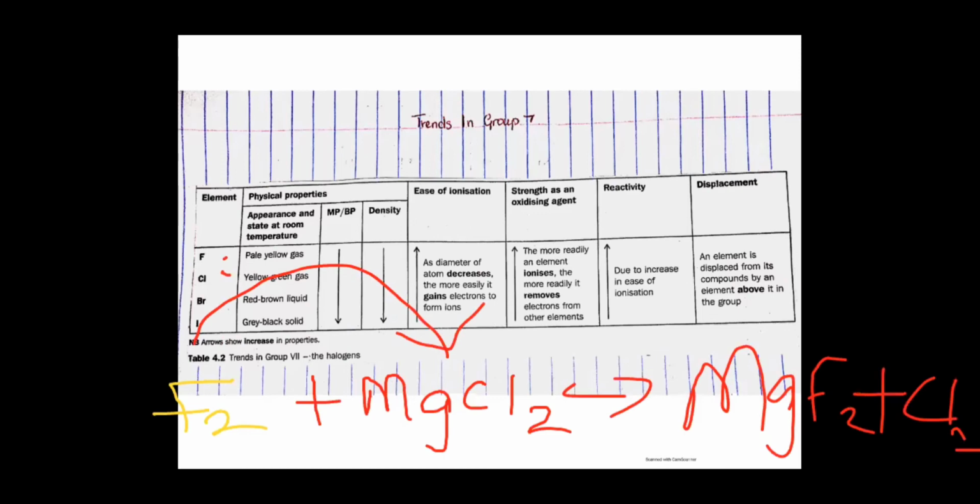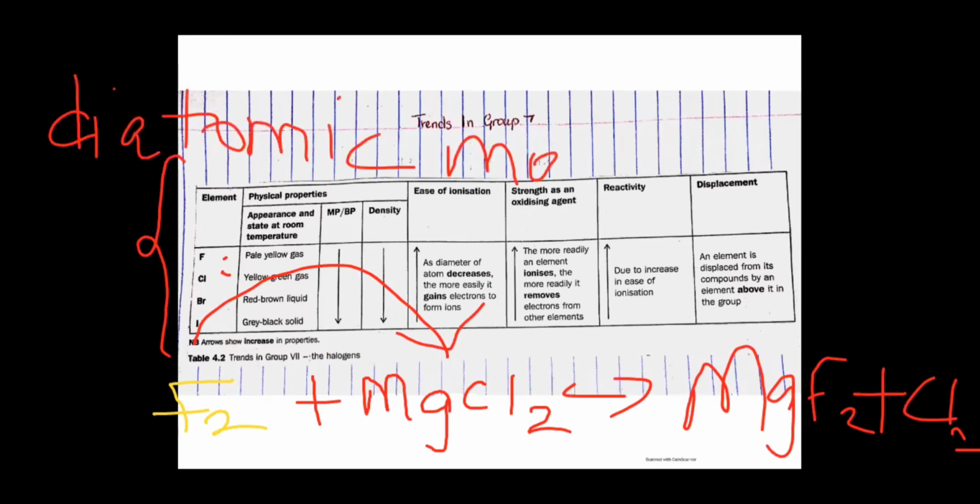Also, please remember that the elements in this grouping, fluorine, chlorine, bromine, and iodine, exist as diatomic molecules, right? Diatomic means it has two atoms of the element that makes up that particular compound.